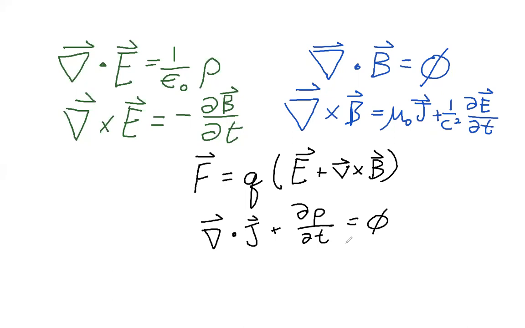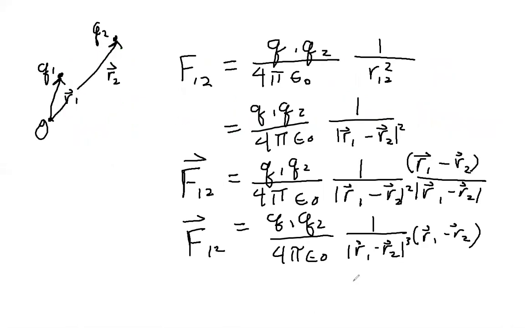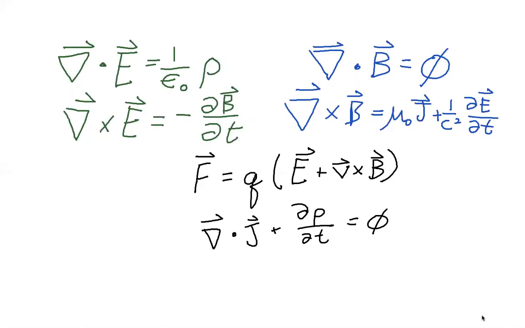That these four equations for the electric and magnetic field are the only information you need. These uniquely specify the electric and magnetic field and always specify the structure of the electric and magnetic fields. Thus, this is a complete theory. There's no ambiguity here. Whereas for things like, say, Coulomb's law, there is ambiguity.